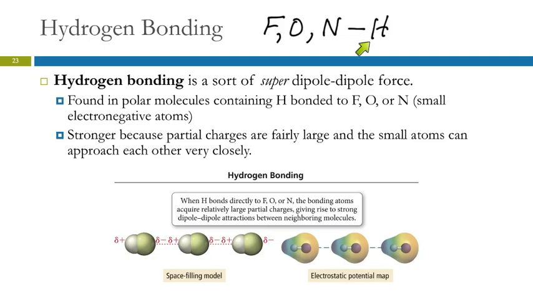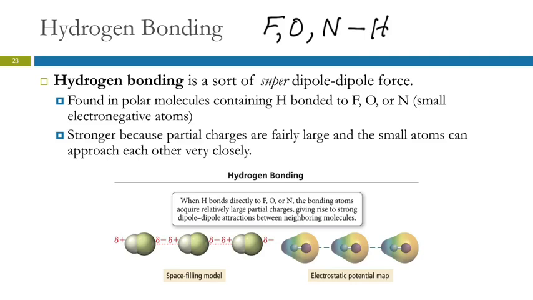So hydrogen is a very small atom, and it's not very electronegative. Fluorine, oxygen, and nitrogen are the three most electronegative elements, and they are also quite small. So if we have hydrogen bonded to one of these very electronegative yet small atoms, we're going to get a high dipole moment, so larger partial charges.